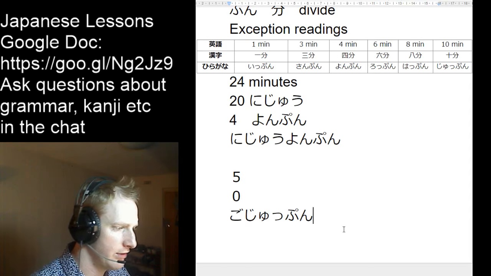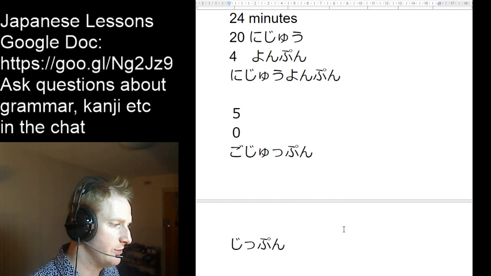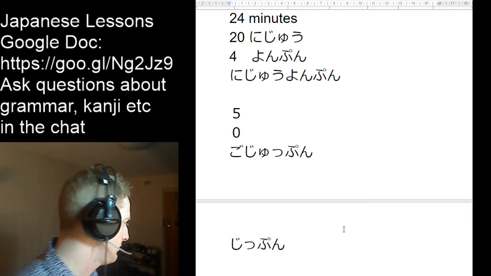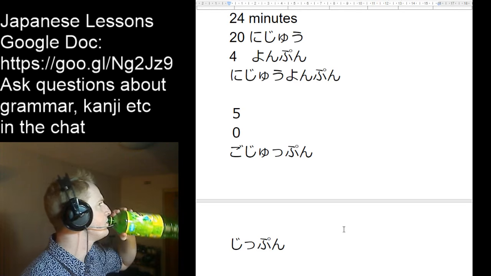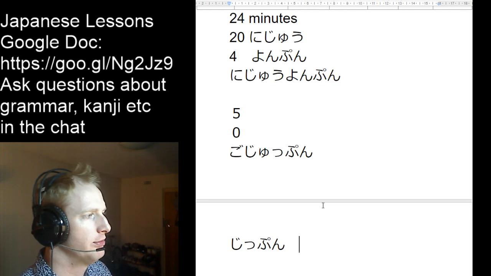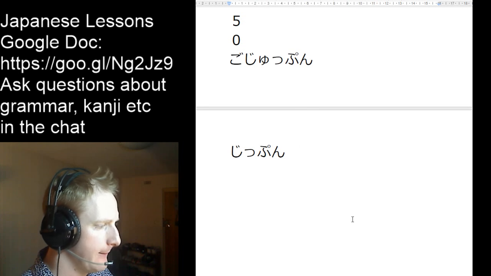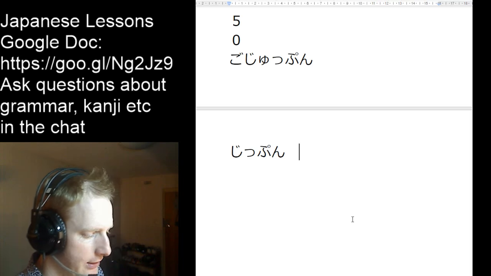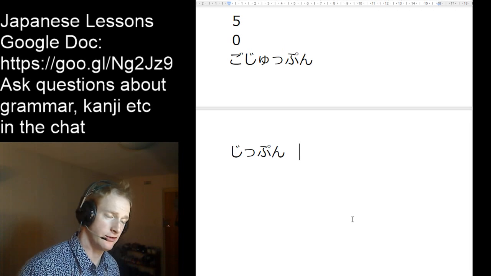There are some other pronunciations, like for example, I was originally taught you should say jippun for 10 minutes, but I don't really think this is used much anymore. It's not that it's wrong, you never really hear it. This juppun is much more familiar. Now, one thing I just want to point out that I remember came up on an exam once and tricked a lot of people out.